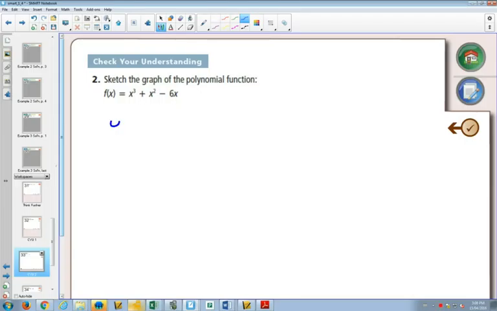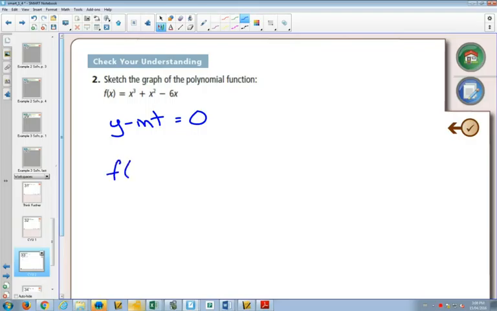First of all, if you wanted to find your y-intercept and plug in x equals 0, well, y-intercept is always easy to find. It's going to be 0. If you want to find your x-intercepts, you have to factor, and this one is really easy to factor. You don't even have to use any of the new factoring skills you have. First of all, notice it has a common factor.